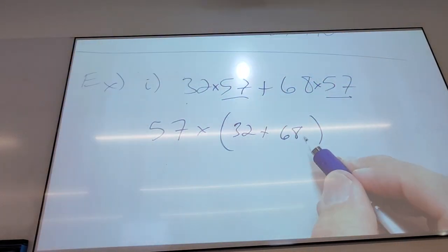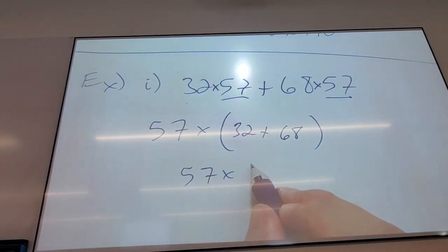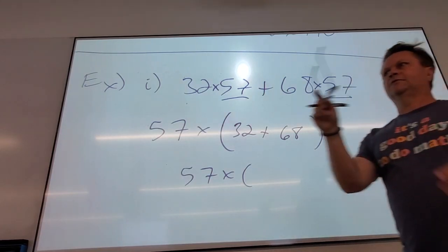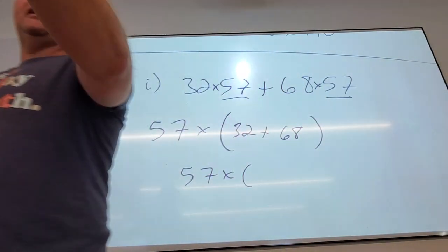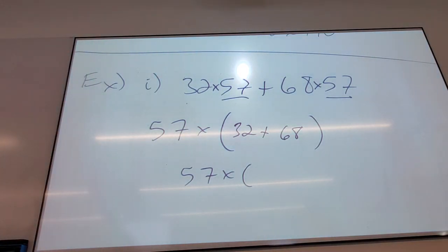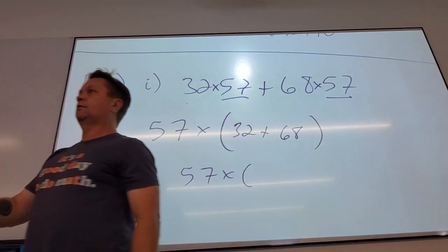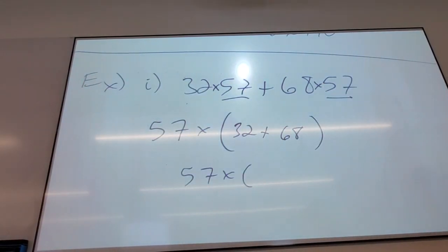And what's 32 plus 68? 2 plus 68 is 70, plus the other 30 is 100. Those are compatible numbers, yes. 3 and 6 is 9, 2 and 8 is 10. That forces it over to 100. And what's 57 times 100?